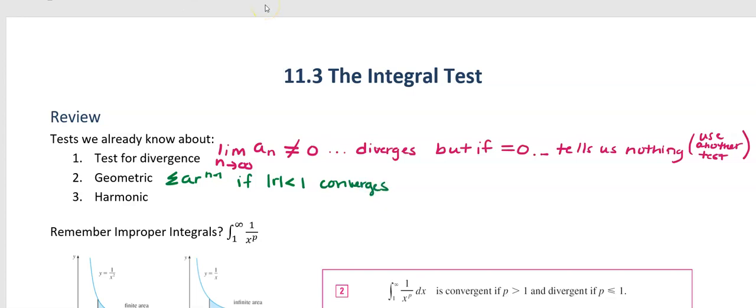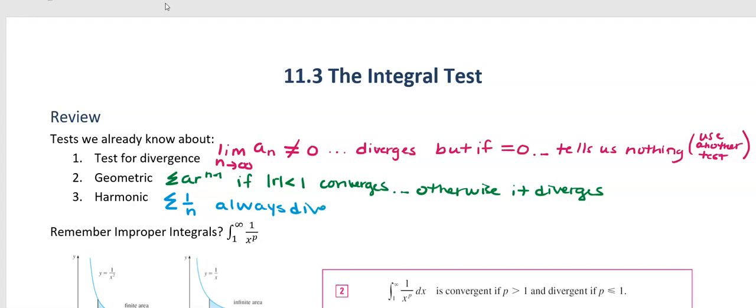If it doesn't meet that requirement, it diverges. Now, the harmonic series, which is of the form 1 over n, we know this one's special because it always diverges.